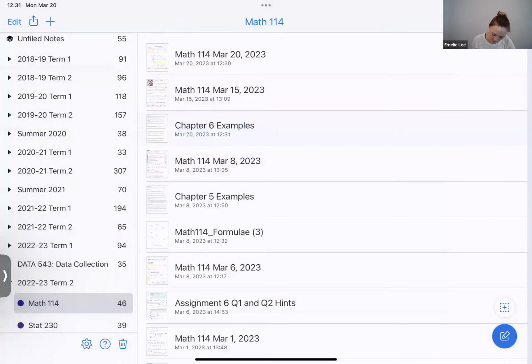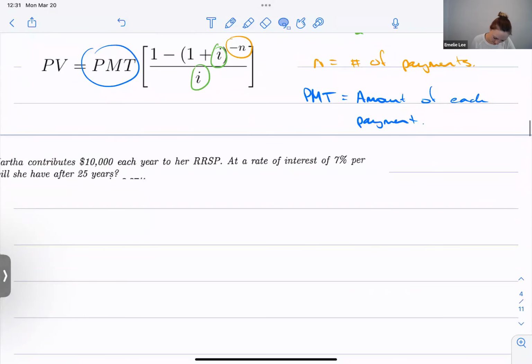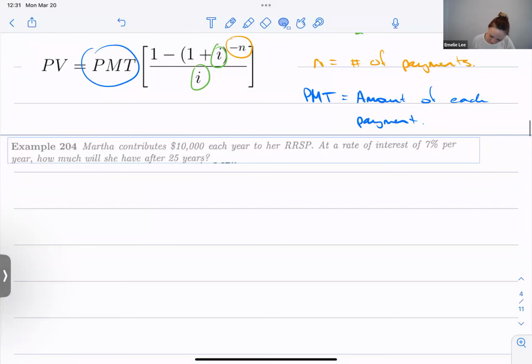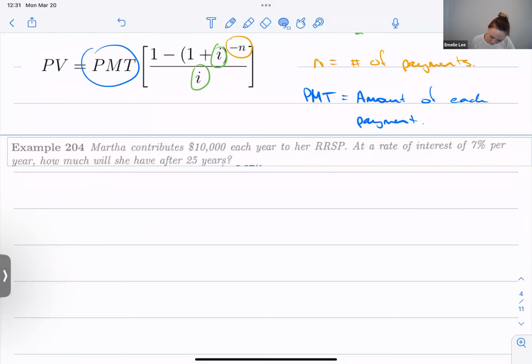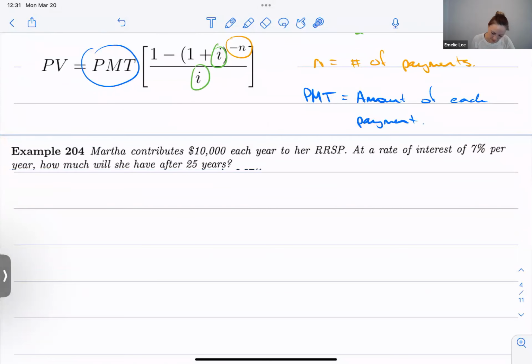So let's see here. I'm going to do example, I think it's 204. Martha contributes $10,000 each year to her RRSP. At a rate of interest of 7% per year, how much will she have after 25 years?